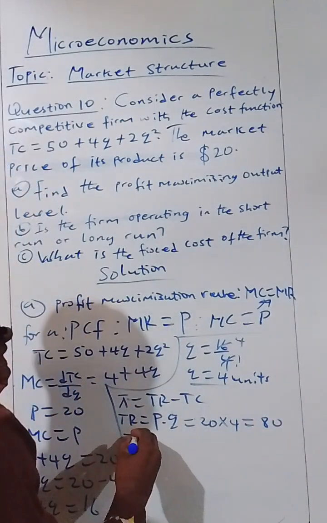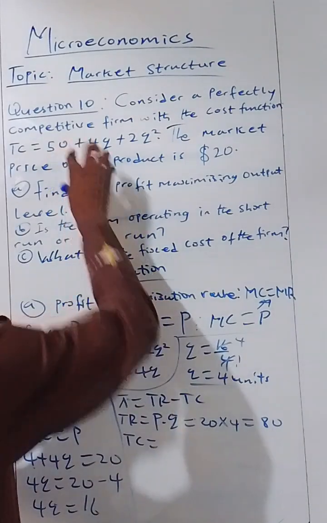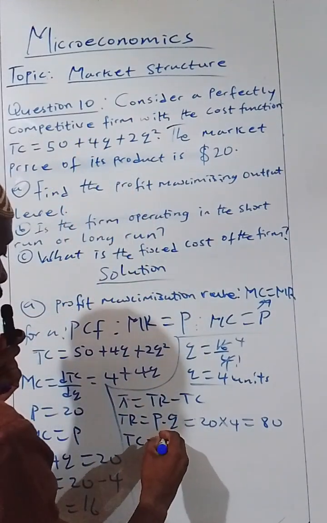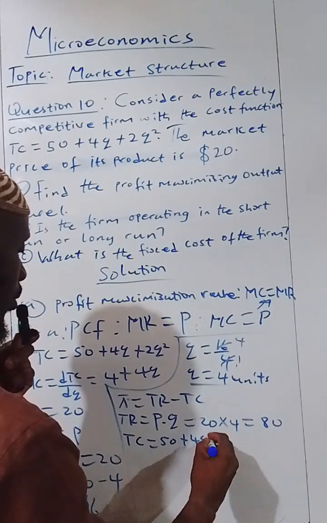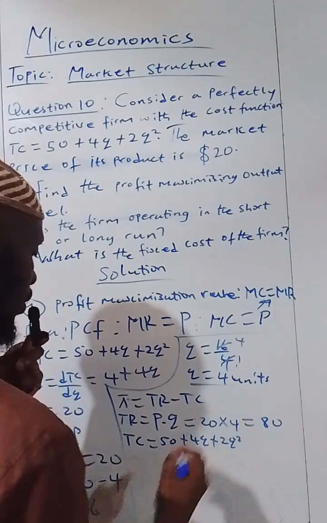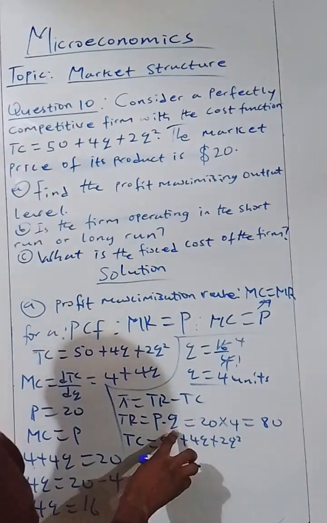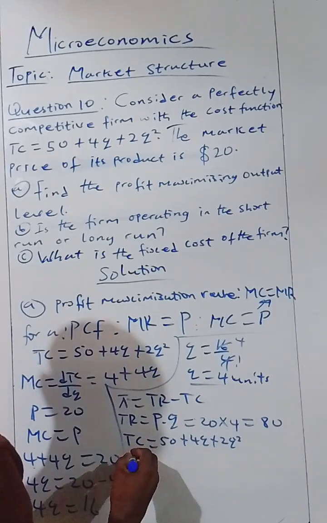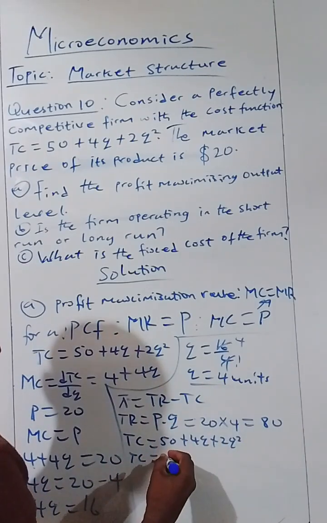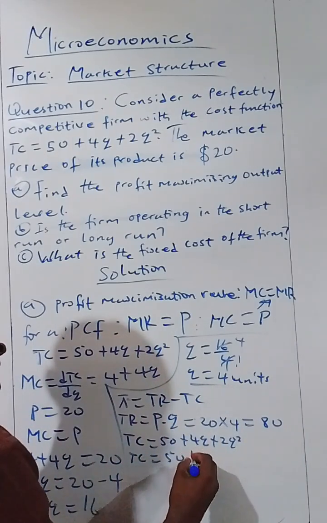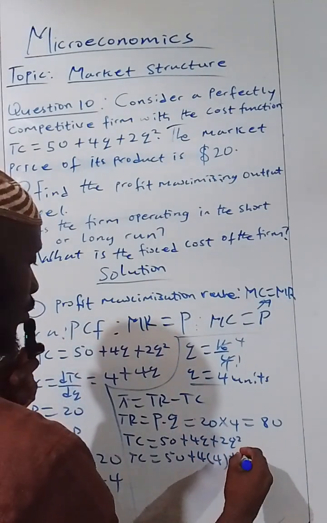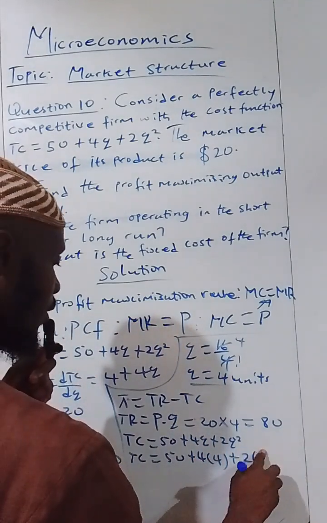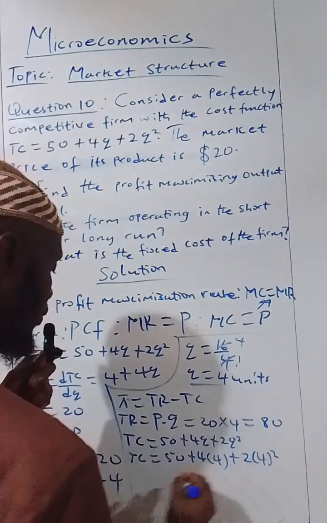Then the cost. Total cost is the total cost function. Remember the total cost function is 50 plus 4Q plus 2Q squared. If I substitute for Q, TC is going to be equal to 50 plus 4 times 4, plus 2 times 4 squared.